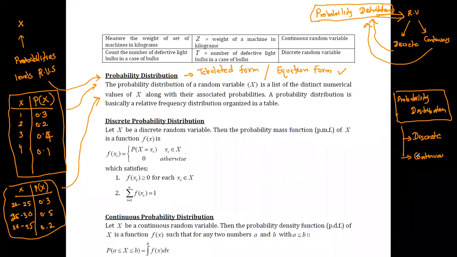These are the two categories we have for probability distribution, the discrete probability distribution and the continuous probability distribution. Now we will focus on the concepts and theories of the discrete probability distribution and then the continuous probability distribution.